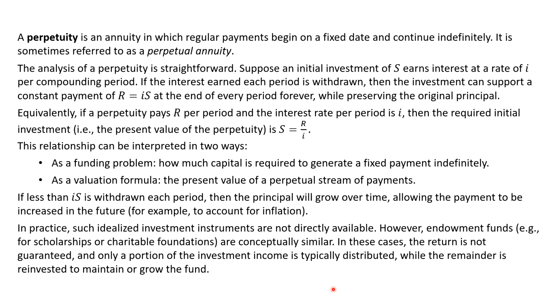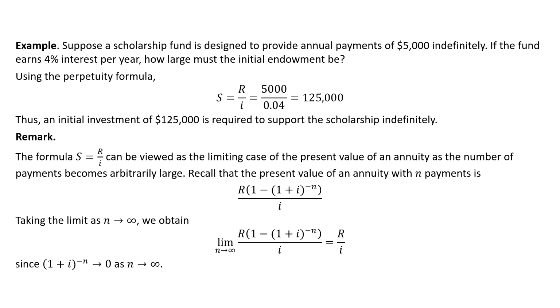Okay, so this is pretty simple in principle. I have an example here of our perpetuity. Suppose a scholarship fund is designed to provide annual payments of $5,000 indefinitely. So this is maybe for an individual. If the fund earns 4% interest per year, how large must the initial endowment be?